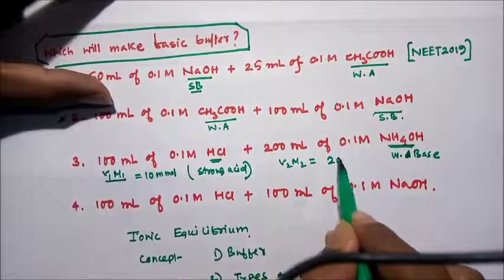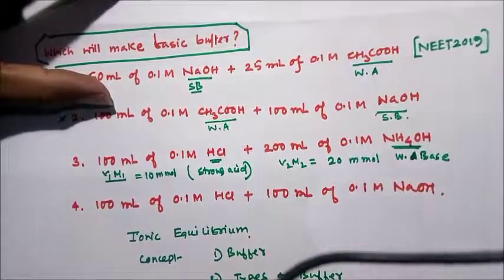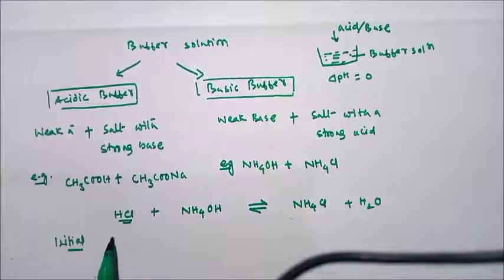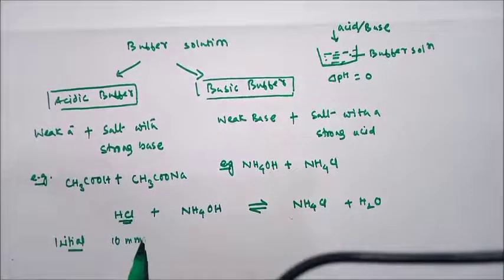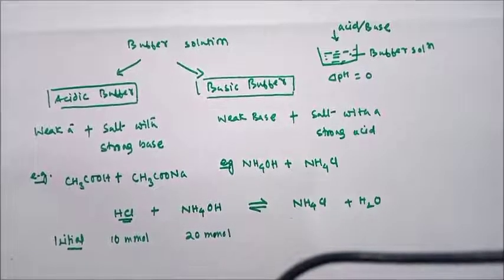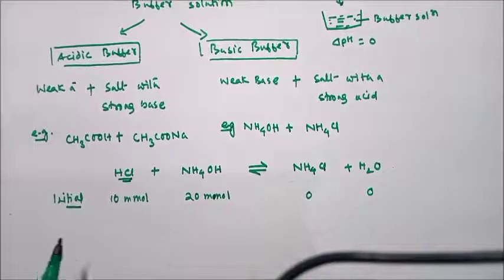It will be 20 millimole. So initially we have in the mixture 10 millimole of HCl and 20 millimole of ammonium hydroxide, and these two will be 0 and 0 at the initial condition.